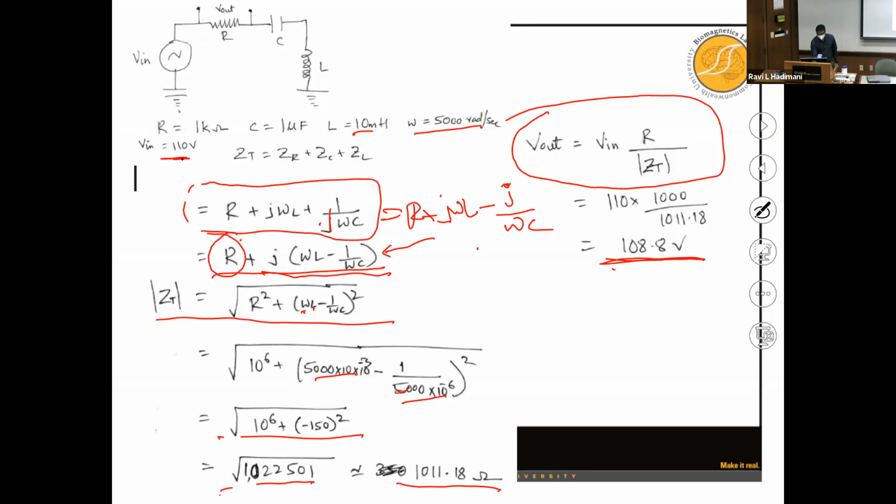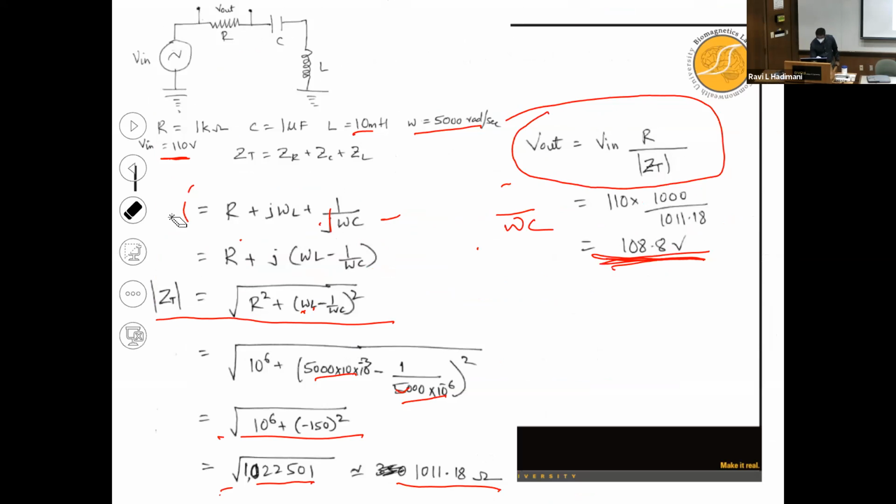If you want to make V in equal V out, what do you need to do? It's in the equations, just look at the equation.